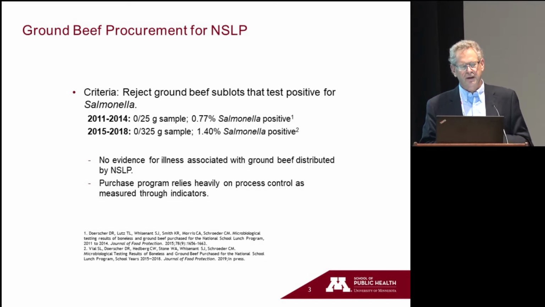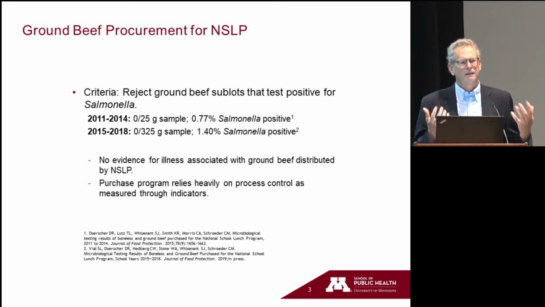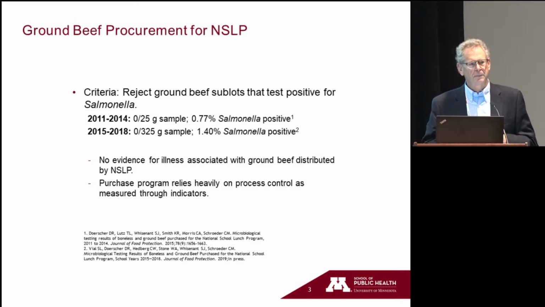And from 2011 to 2014, that was operationalized as being the absence of salmonella in 25-gram samples that were being tested. And they got just under 1% of those samples turning positive, and those lots were then rejected from the program.